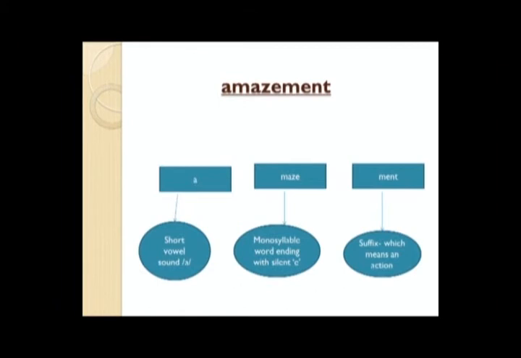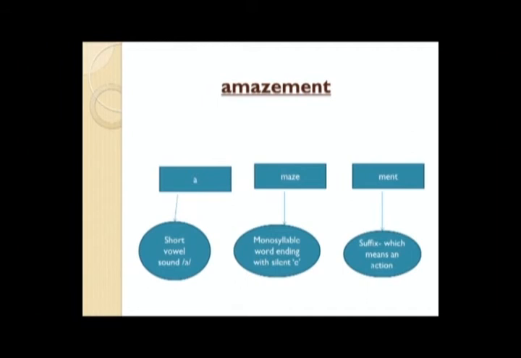A gives a short vowel sound, A. M-A-Z-E is a monosyllable word ending with silent E. We know that silent E makes the first vowel say its name. So, that part of the word, M-A-Z-E, says maze.